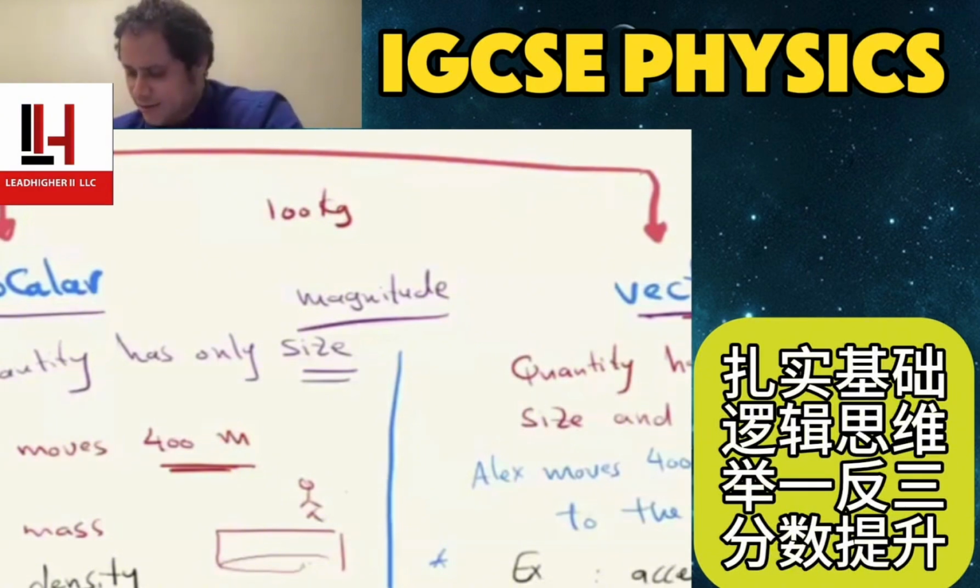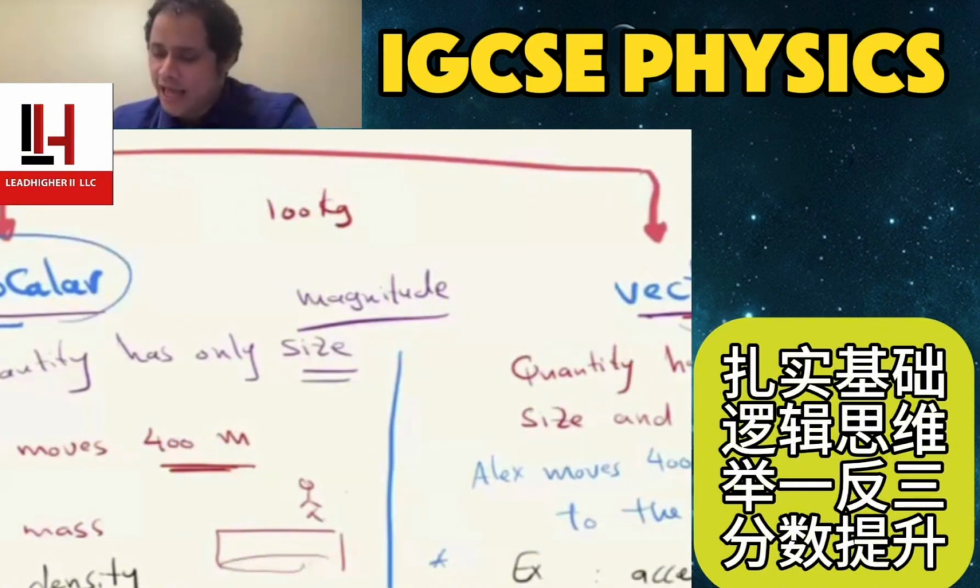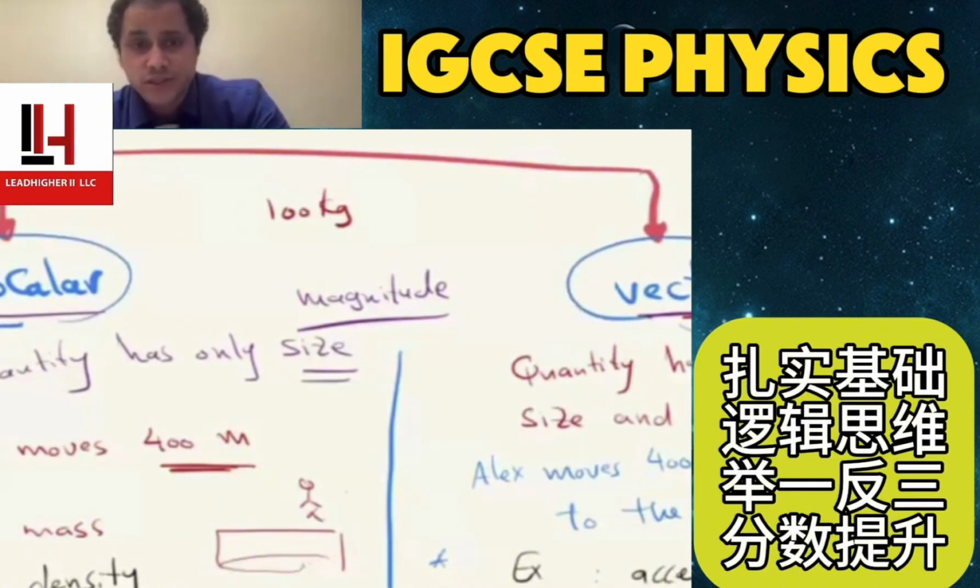And vectors are acceleration, force, velocity, momentum, and displacement. Teacher, I don't know a lot of words. Don't worry. Once you copy, you can translate this later. So the most important thing now is to understand the difference between a scalar and vector, and then start forces.